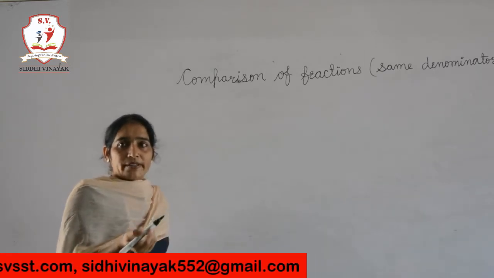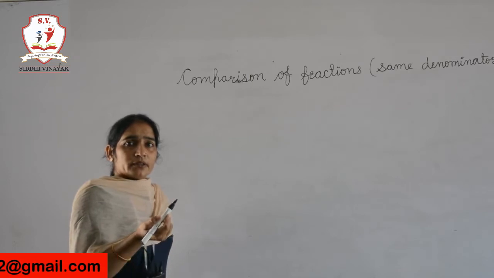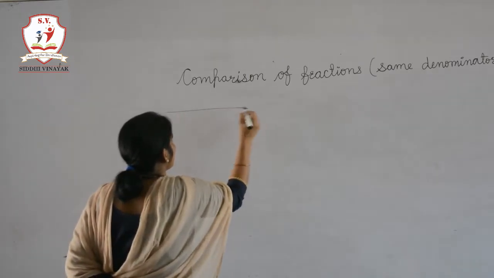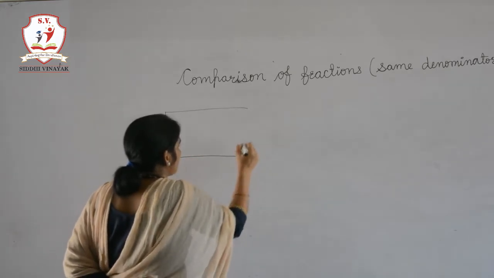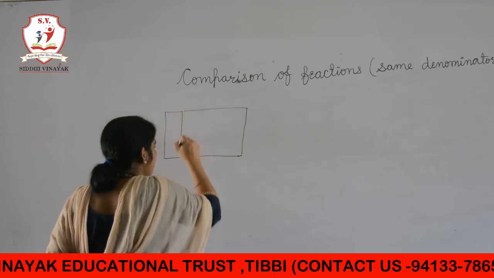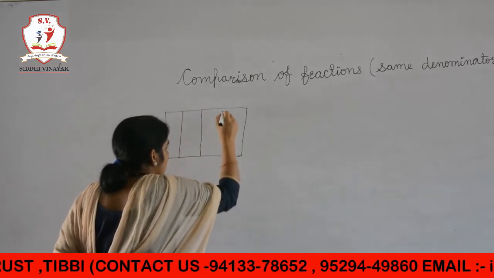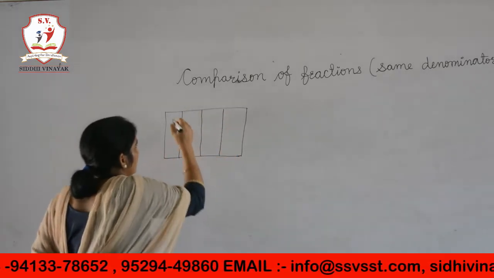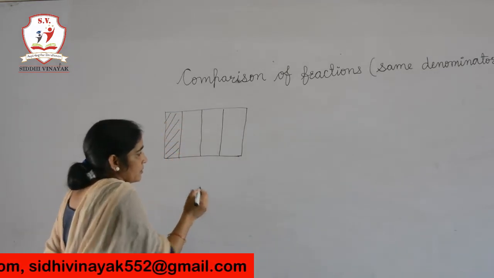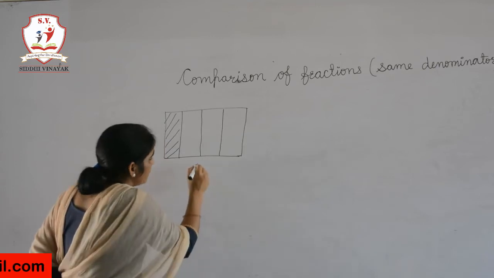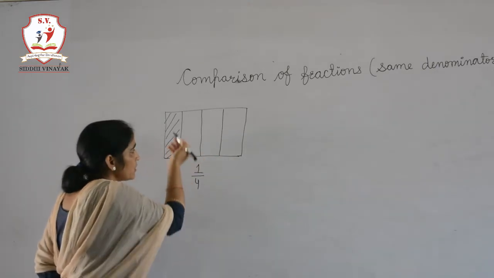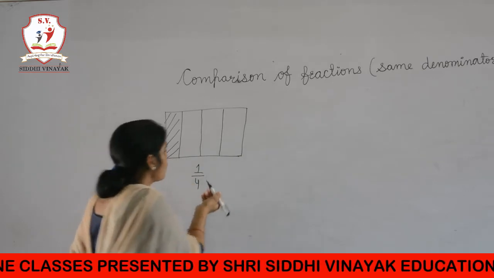The shaded part is represented by 3 rectangles of the same size. We divided into 4 parts. One part is shaded, so we get the fraction 1 upon 4. Total parts are 4, shaded part is 1. So 1 upon 4.